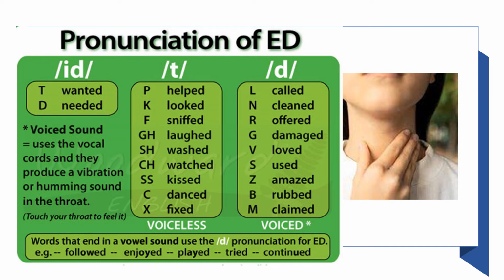To know if it's a voiced sound, you can put your fingers on the throat, and when you pronounce it, L, you can feel the vibration or humming sound in the throat. So, if the base form of the verb has a voiced sound at the end, then ed will be pronounced as d.